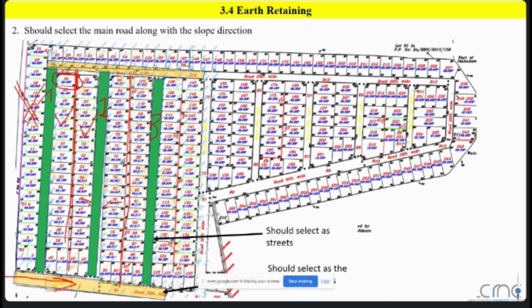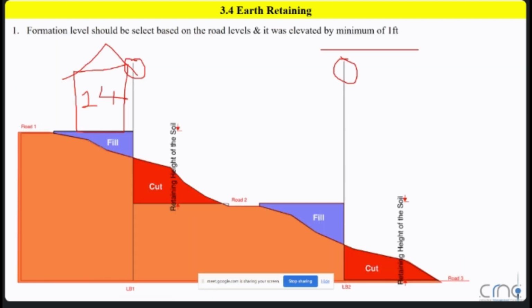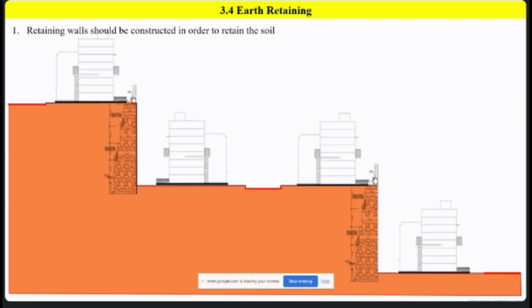Then what will be your 59? Your 59 will be here. It's in the lowered elevation. Then what will happen? If you want to fill this area, and if you want to retain this soil stratum, definitely you need to have this kind of structure.